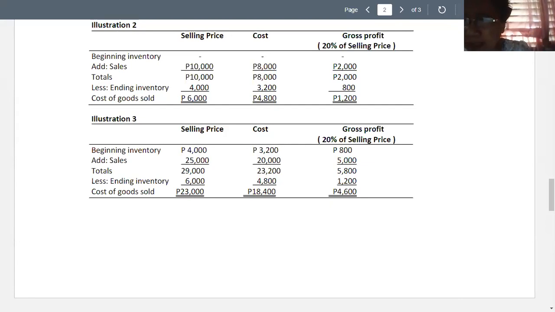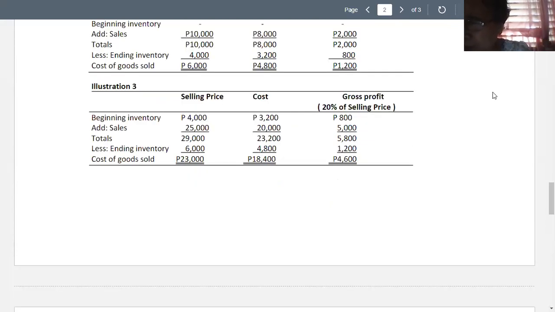Downstream because it's from parent to subsidiary. So the amount is 800. We have to add 800. Then, next, unrealized profit in ending inventory of 1,200.